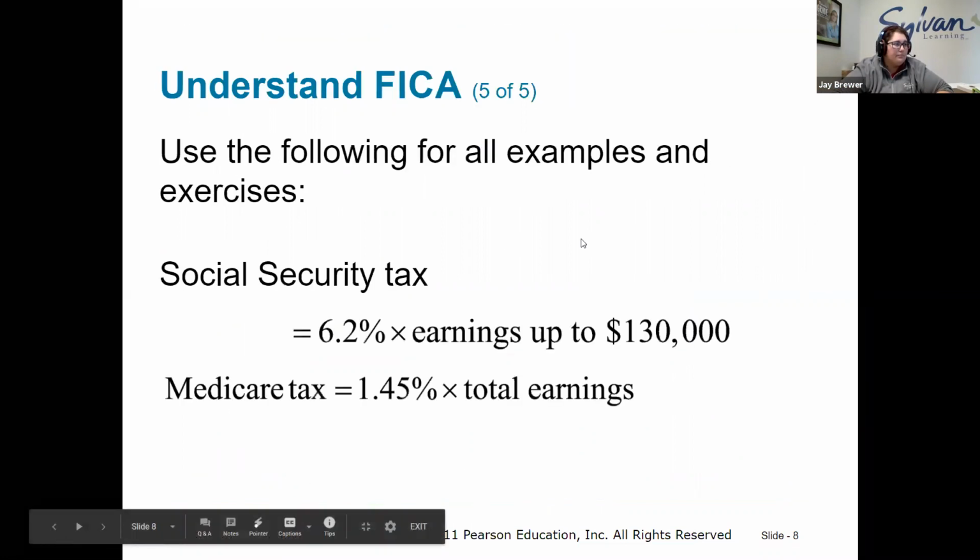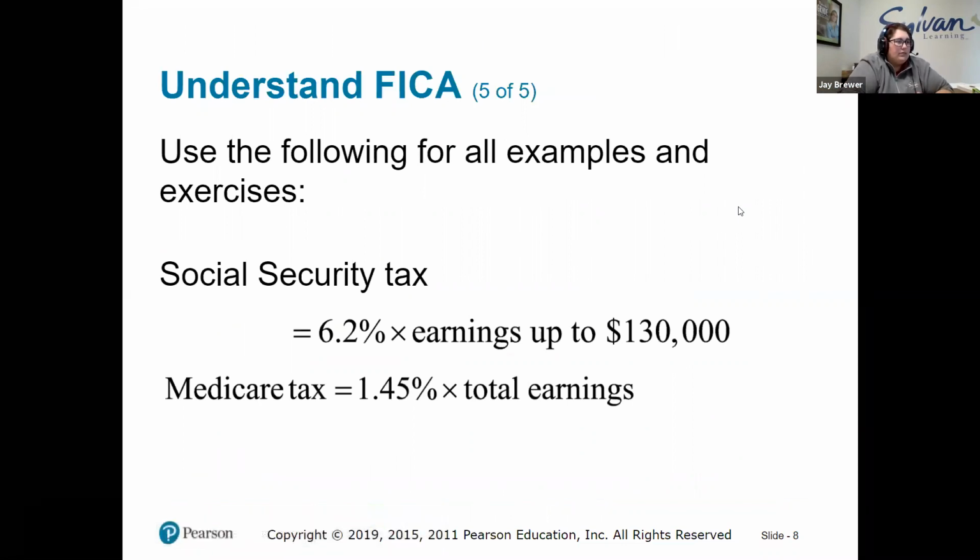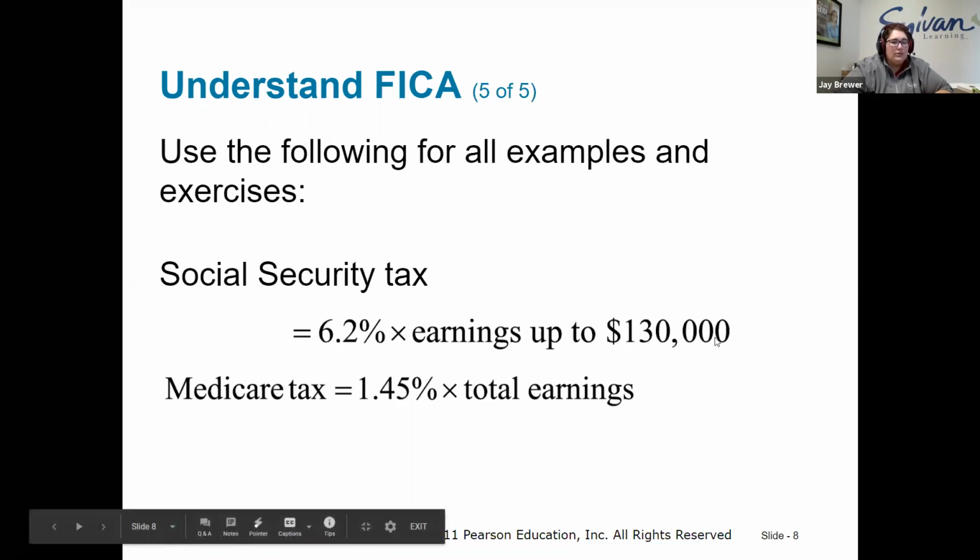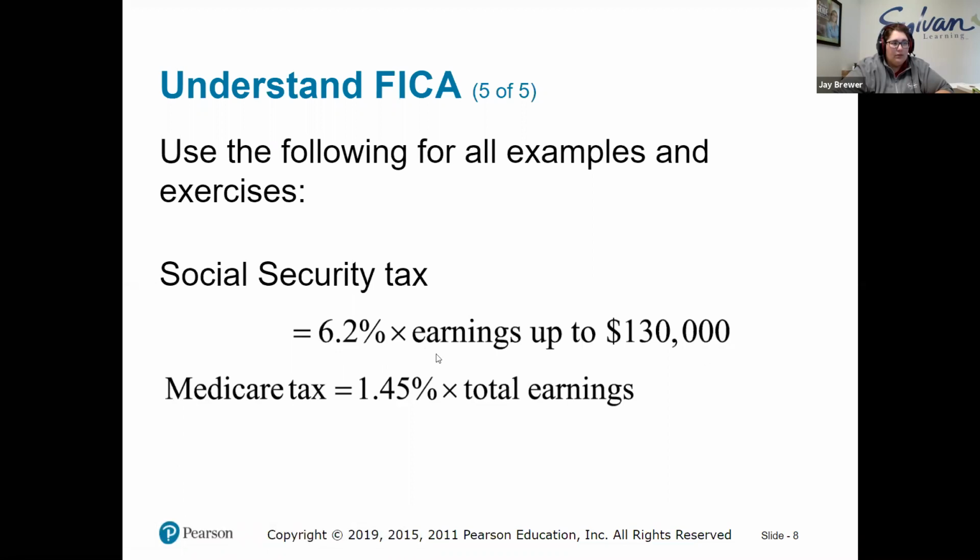Okay, use the following for all examples and exercises. Okay, so write that down. If you're asked for Social Security tax, you want to take 6.2% times earnings up to 130,000. Once you hit 130,000 for the income, you will have to use a different amount.